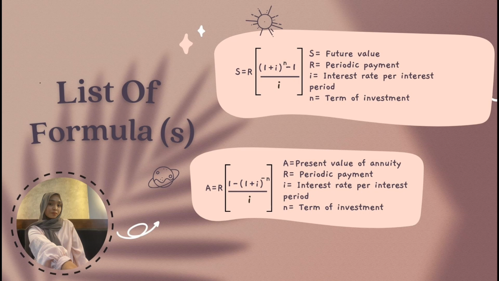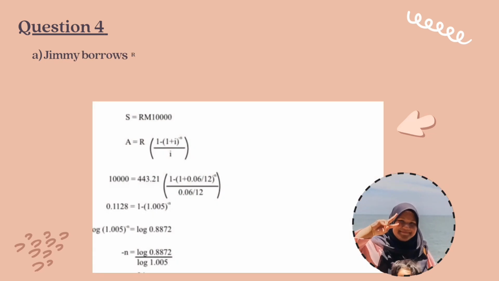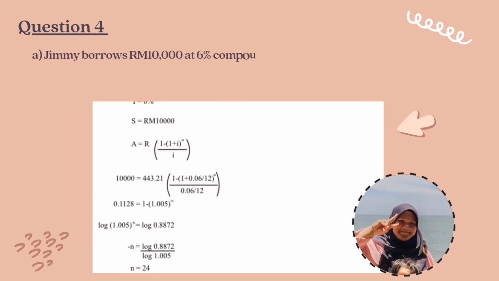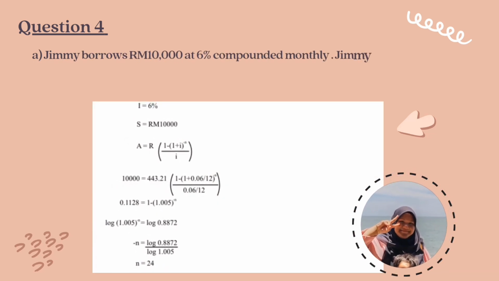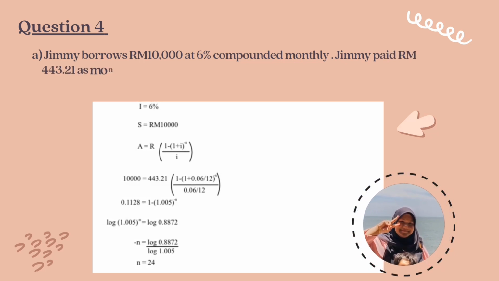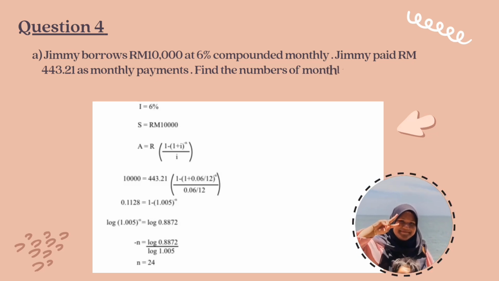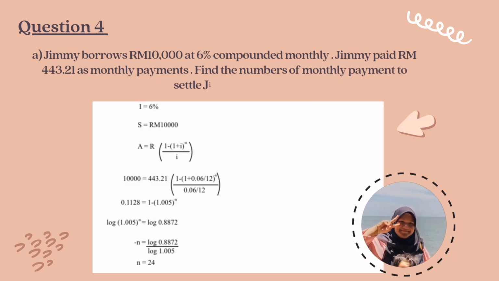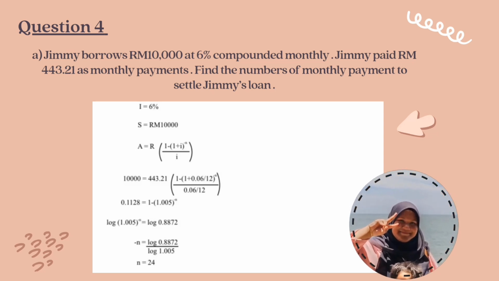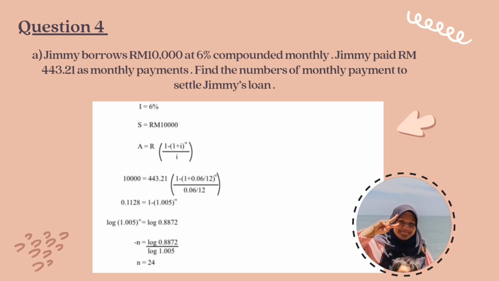Question 4A. Jimmy borrows 10,000 ringgit at 6% compounded monthly. Jimmy paid 442 ringgit and 21 cents as monthly payments. Find the number of monthly payments to settle Jimmy's loan. The answer to this question is i equals 6%, A equals 10,000 ringgit and R equals 442 ringgit and 21 cents.